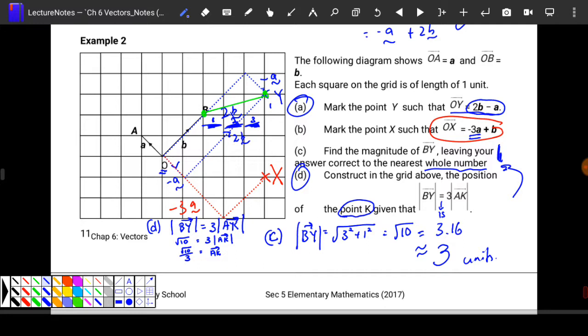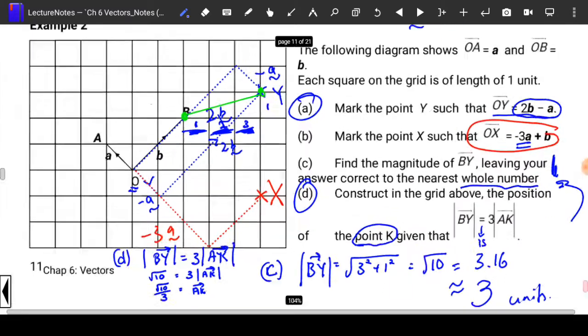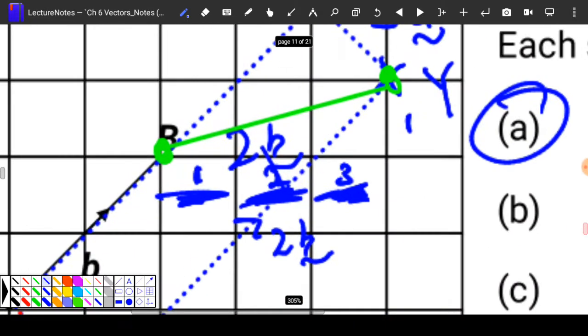So BY is 3 times AK, but they never say anything. So let's try. BY is 3 times of AK. Alright, everyone, look at the BY now. BY is this green line.